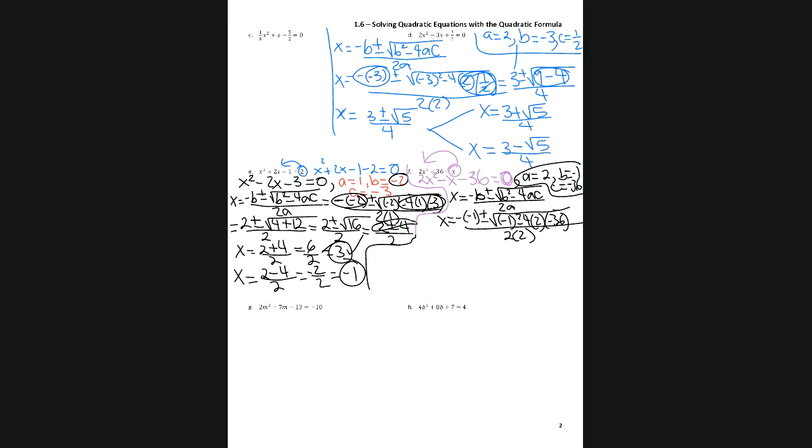So we'll get x is equal to double negative, so that will be +1, plus minus the square root, -1 squared will be +1. Then 4 times 2, -4 times 2 will be -8. Now -8 times -36 is going to give me +288. All of that is divided by 4.